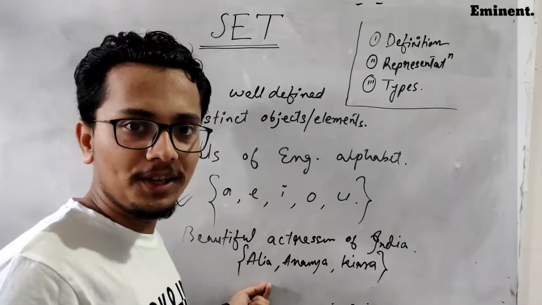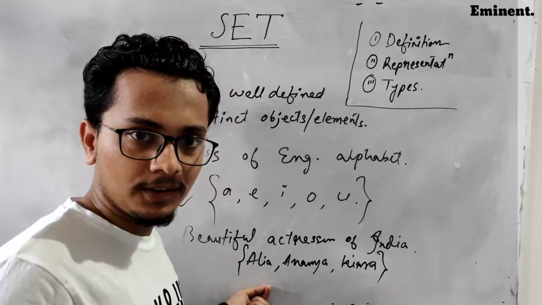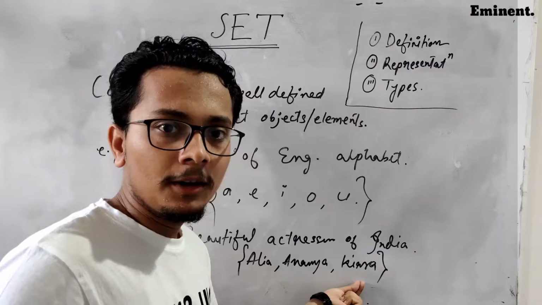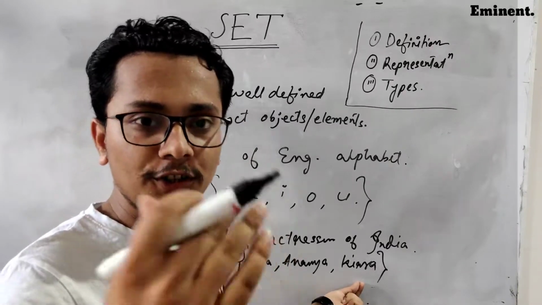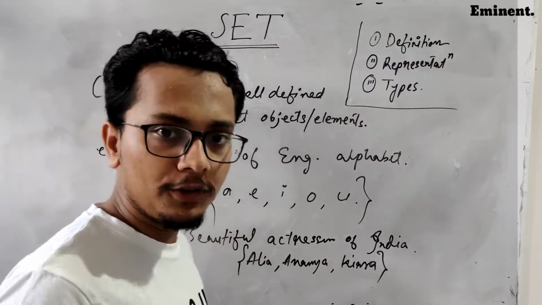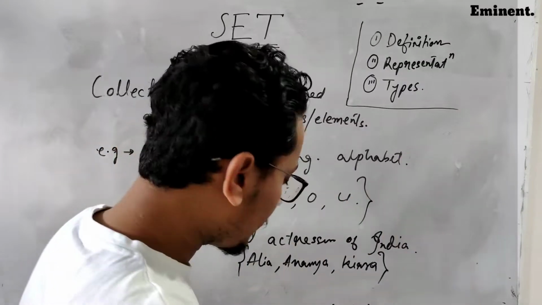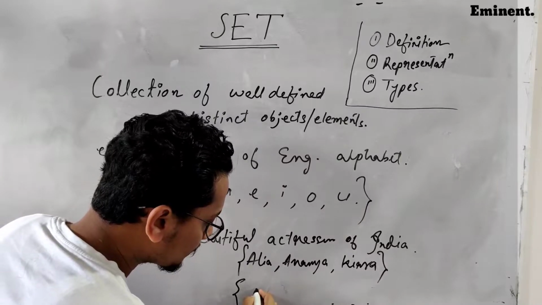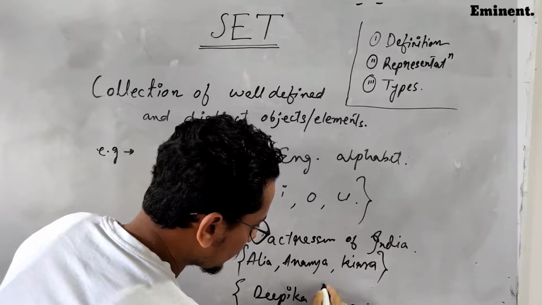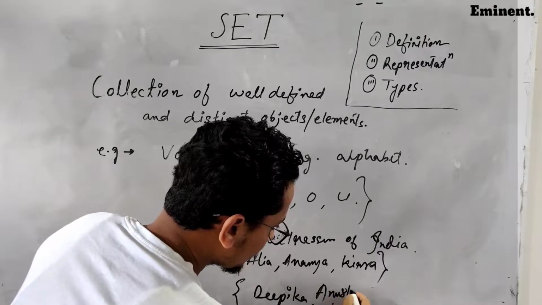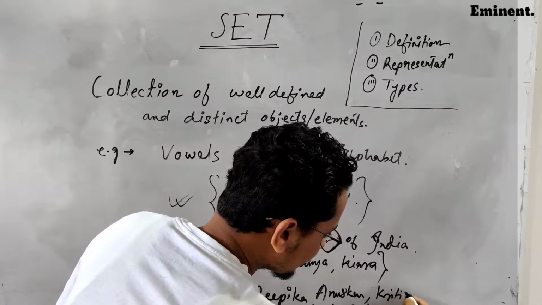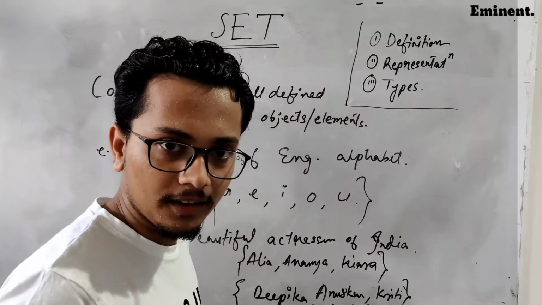Why it will not be a set? You know, I have taken Alia, Ananya, Kaira, but in case of you, on your view, maybe this Alia, Ananya, Kaira are not beautiful actresses. Probably you will take Deepika, Anushka, or Kriti Sanon, for example, right?